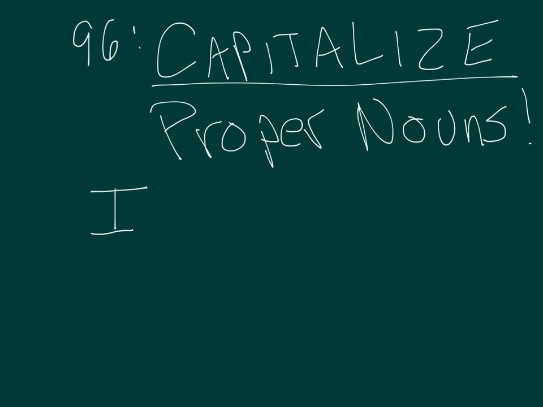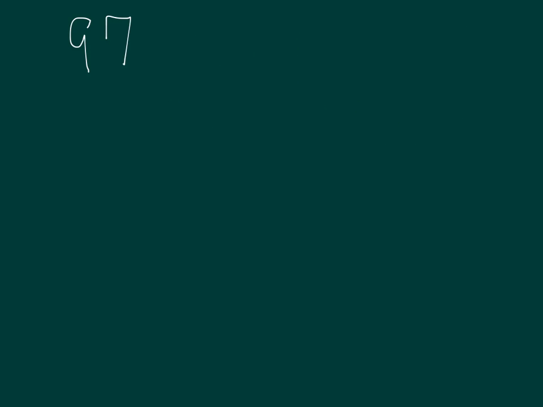Okay, so on page 97, here we have collective nouns. And you can see a collective noun is simply going to name a group. So it's going to look singular, but it's talking about a group. So this is where it gets a little bit tricky.